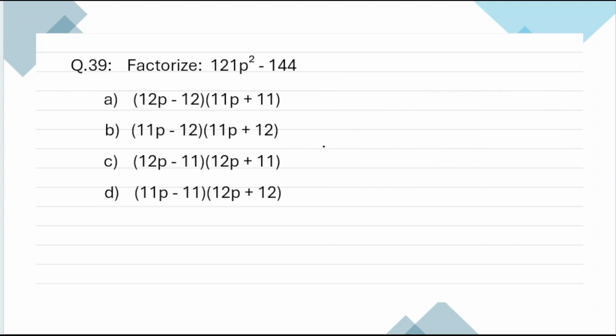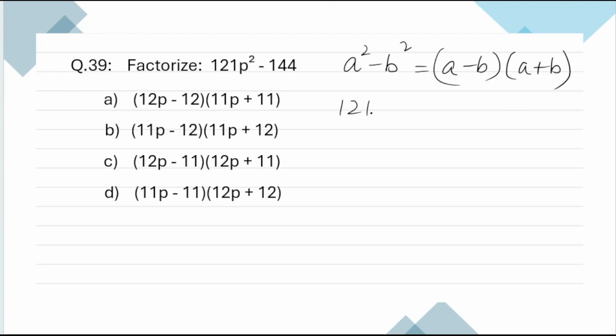Factorize 121p square minus 144. Again, it looks like a square minus b square. The moment you have p square, q square, x square, two terms, and the numbers are perfect squares, this identity fits the question. So a square minus b square is a minus b times a plus b.